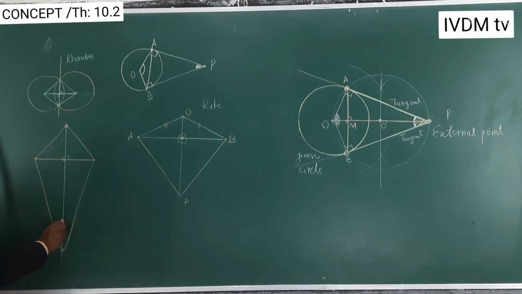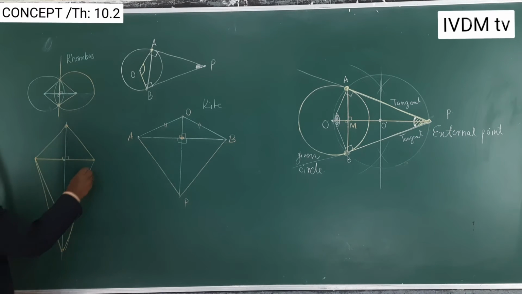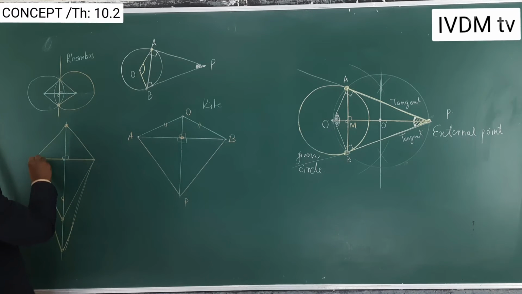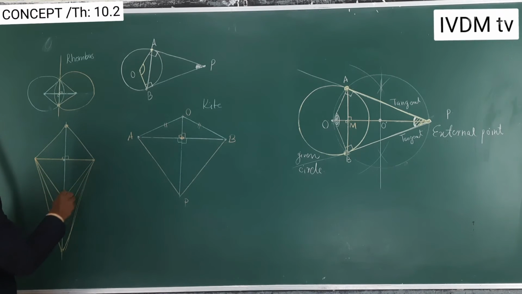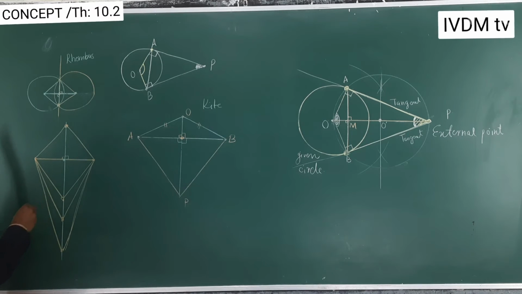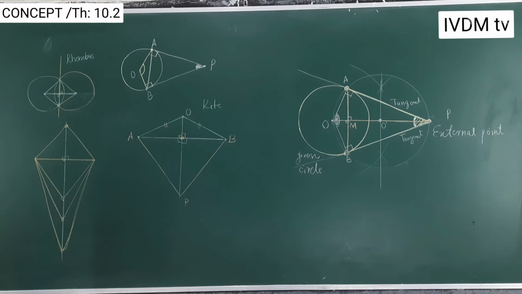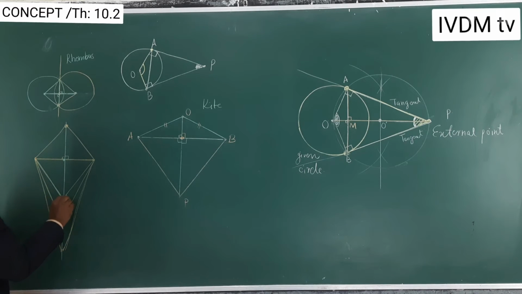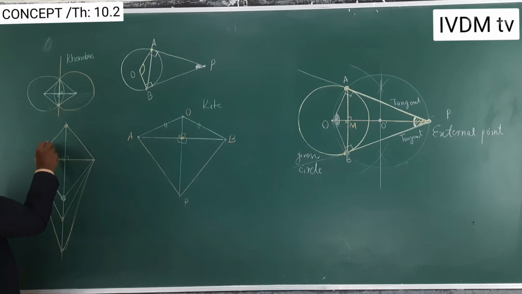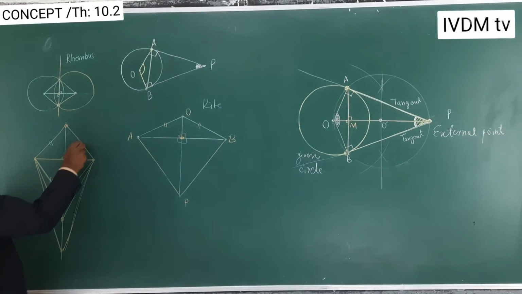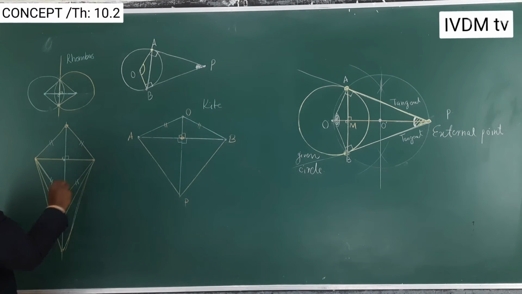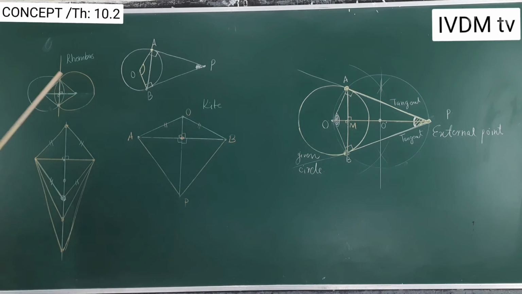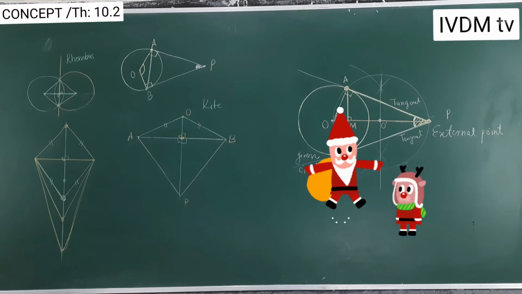If you take another point, this is also a kite. If you take this point, this is also a kite. This is very important, because I have taken this point such that this is equal to this one. All four sides are equal. If you take other points, you may have other kites.